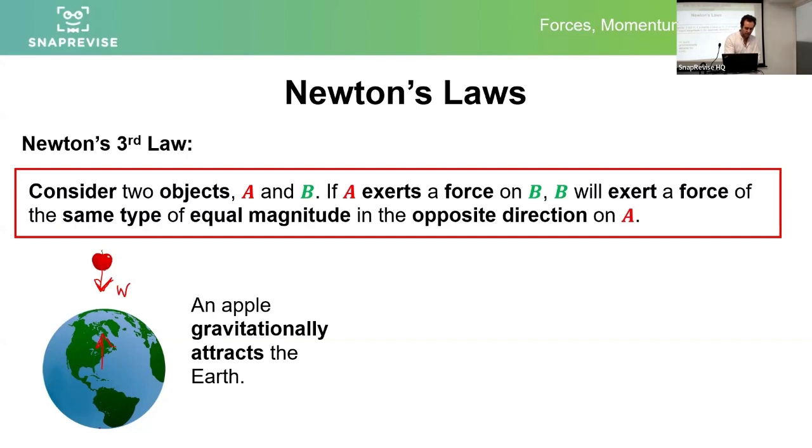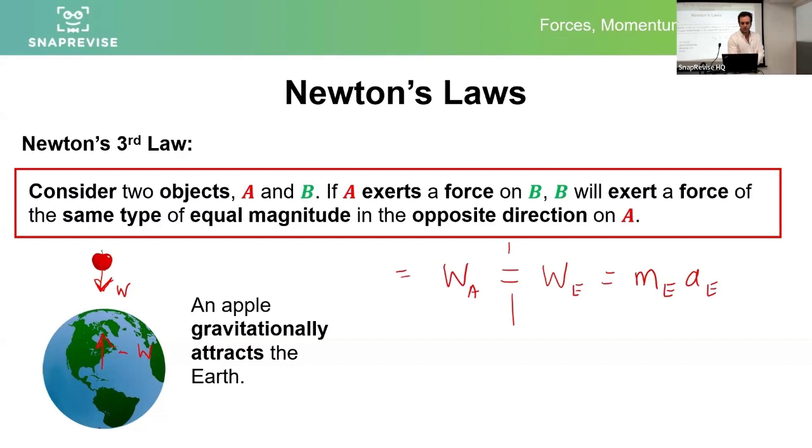However, of course, the acceleration will be very different for the two. You can say, look, the weight on the apple is equal to the force on the earth. But of course, by Newton's second law, that's equal to the mass of the earth times whatever its acceleration due to this interaction is.